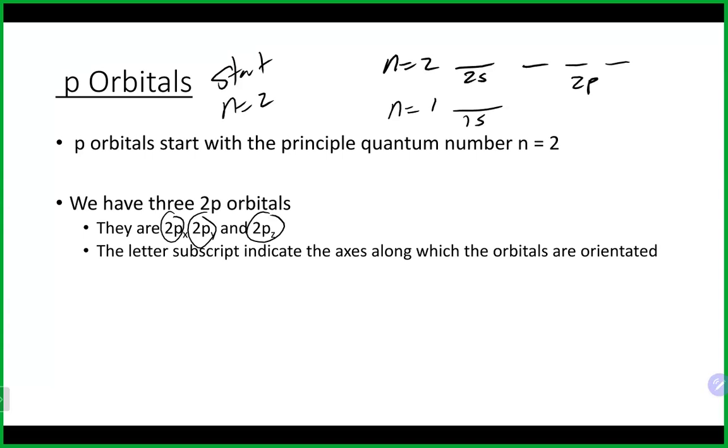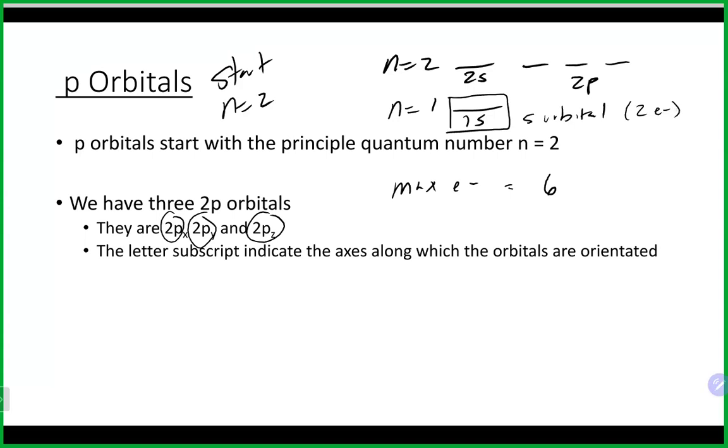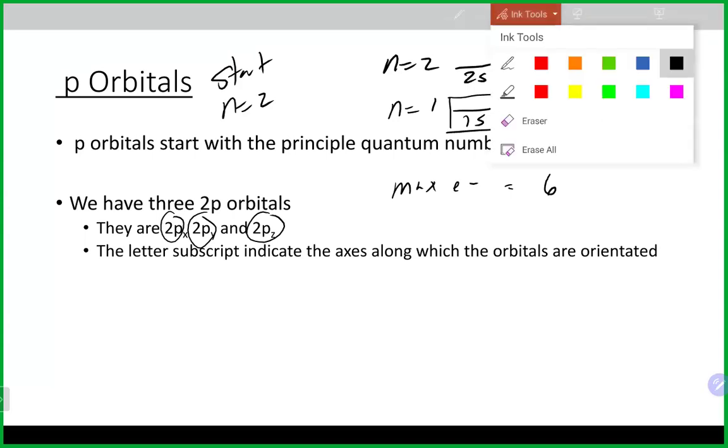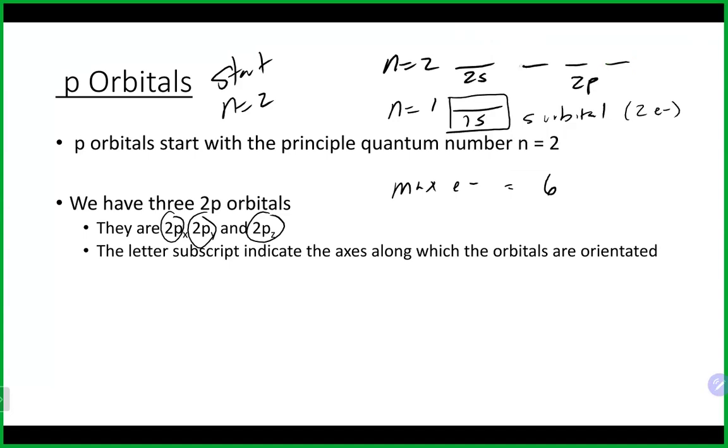And in this case, the maximum number of electrons that you could have is 6 electrons. That is because of a couple of different things. When we look at an s orbital, there's only one type of s orbital, no matter what energy level you go to. And that means you can max out with 2 electrons. When we go to the p orbitals on any energy level where there are p orbitals, there's not just one p orbital.